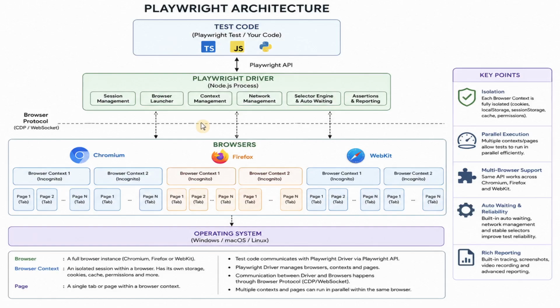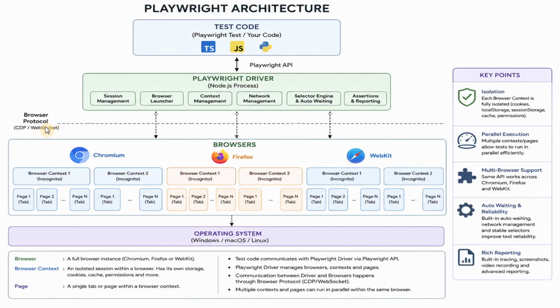When our test calls page.click, Playwright converts that request into a browser automation operation. Then Playwright communicates with the browser through its own automation protocol and transport architecture, which is nothing but the WebSocket here. WebSocket is a transport mechanism, and this is not the same thing as a protocol.